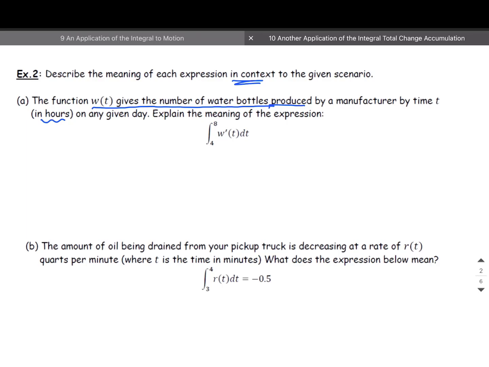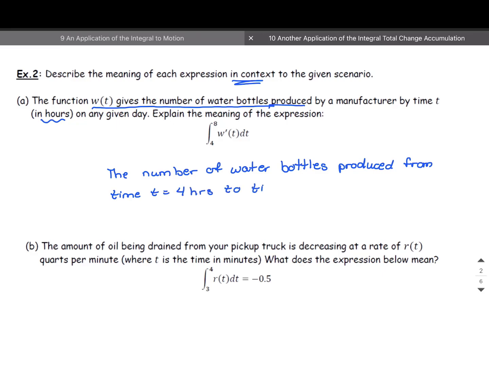So it's how many water bottles are produced. So it's the number of water bottles produced from time t equals 4 hours to time t equals 8 hours. Remember, you have to have a noun, unit, and time. All of that has to be there, okay?